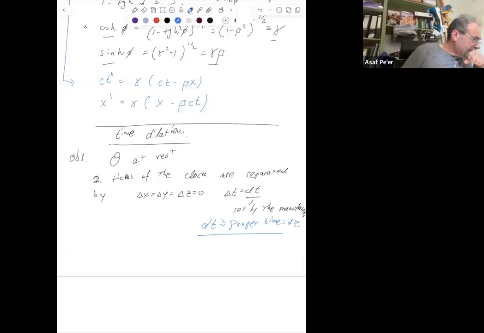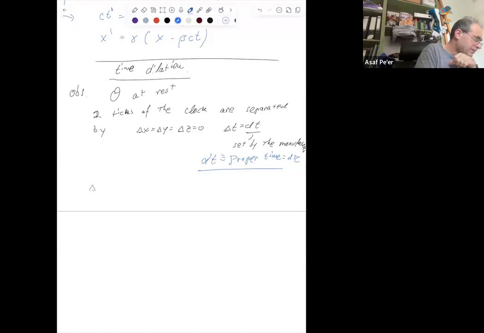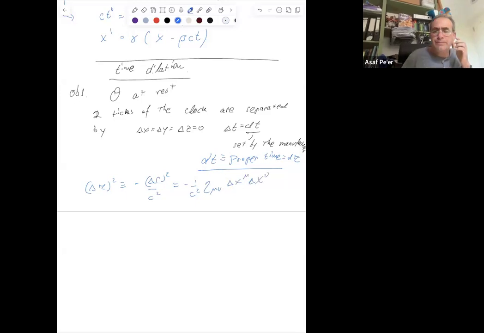Now remember, according to the definition of the interval, delta tau squared is nothing but minus delta s squared divided by c squared. So I can write it as minus 1 over c squared eta_mu nu delta x^mu delta x^nu.